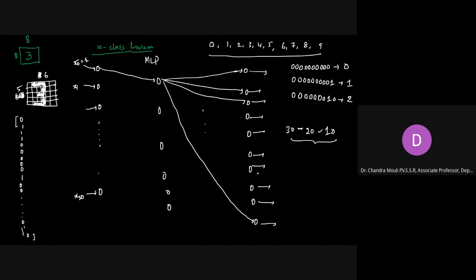The weights you have are 30 into 20 plus 20 into 10, so 600 plus 200, totally 800 weights. And you are going to use this sort of network to classify the character present in the given image, whether that is 1 or 2 or 0 or 9.